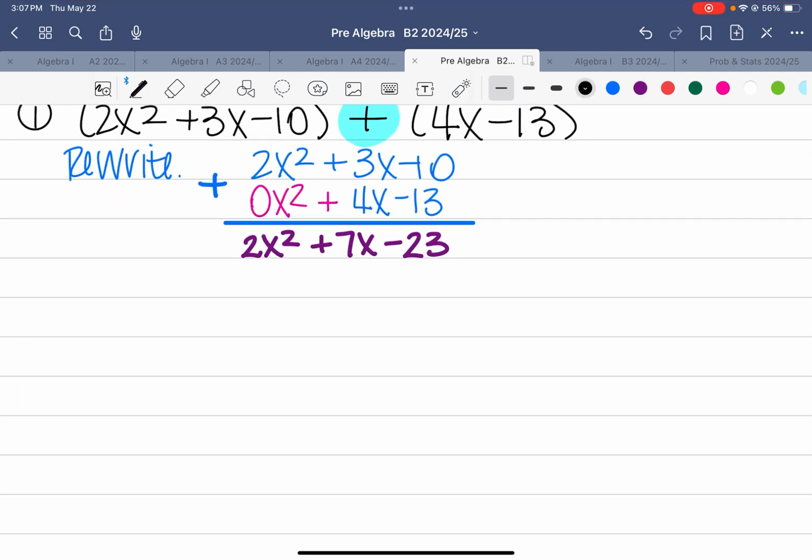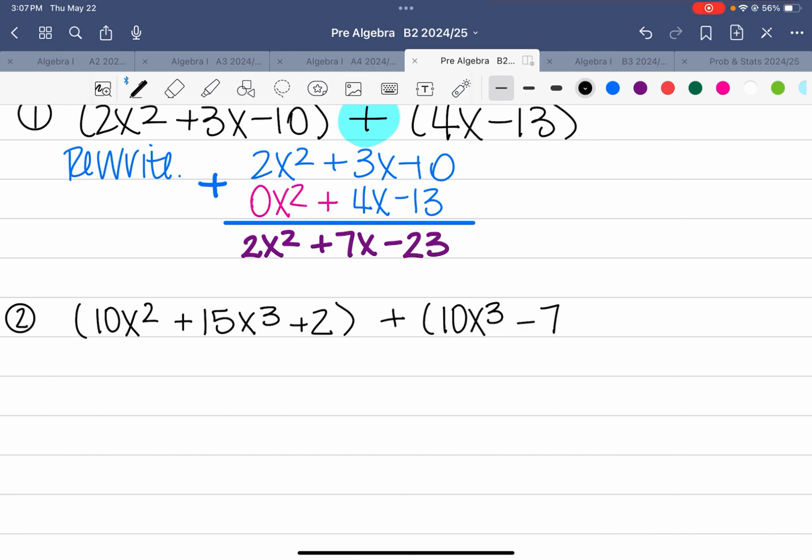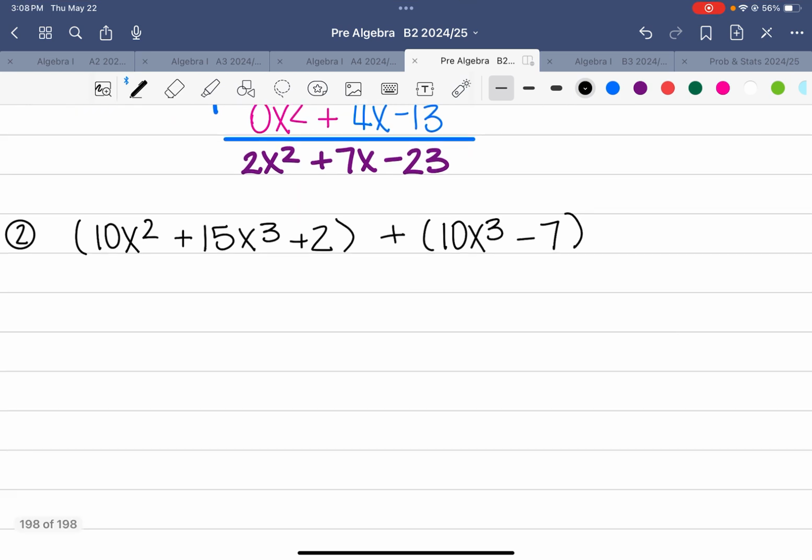Second one, let's take 10x squared plus 15x cubed plus 2 added to 10x cubed minus 7. Is my first set of parentheses in the correct order? Are my exponents in order from highest to lowest?